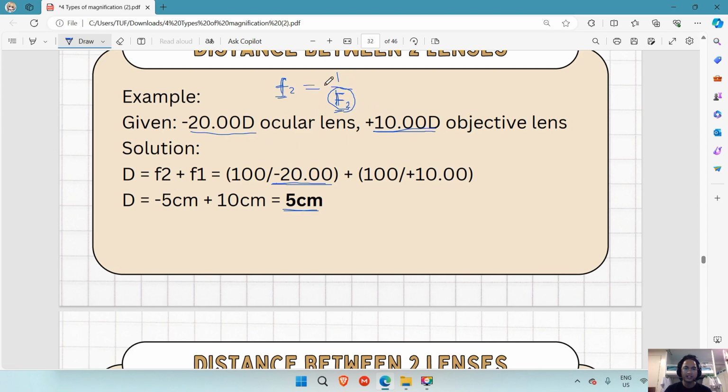Since it is centimeters, 100 over minus 20, and plus 100 over plus 10, which is equivalent to 10 centimeters. So the distance between them is equal to 5 centimeters.